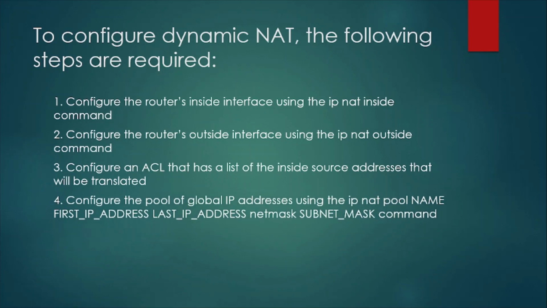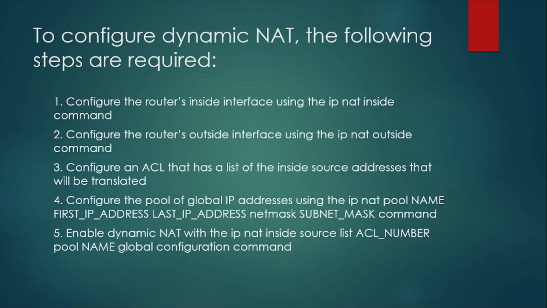The fourth step is to configure the pool of global IP addresses using ip nat pool, followed by a name. We give a name for the pool, then the first IP address and the last IP address, which is the range, together with the subnet mask.